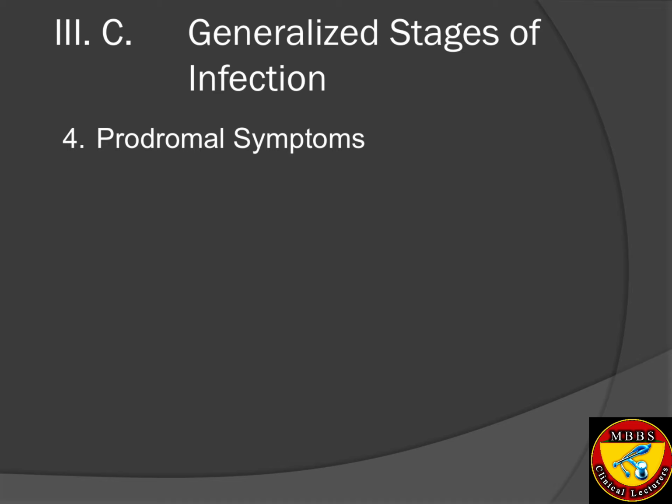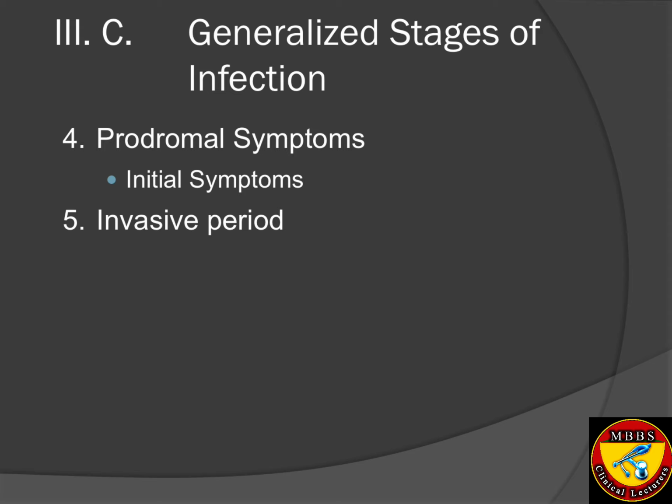After the incubation period, there are prodromal symptoms. What are prodromal symptoms? These are the initial symptoms. Then it leads to the final invasive period, in which the full set of symptoms and disease sets in with increased severity.